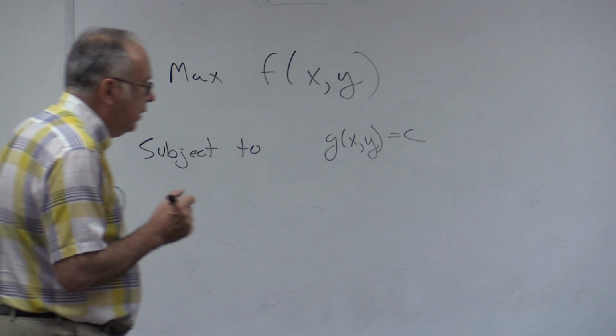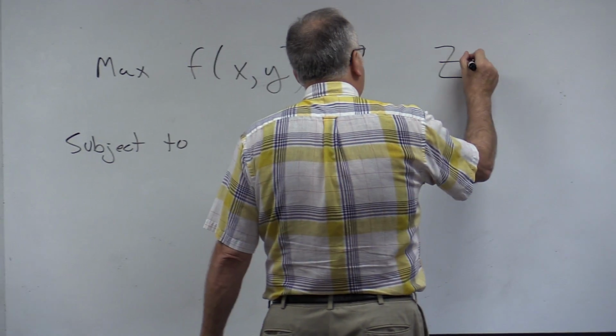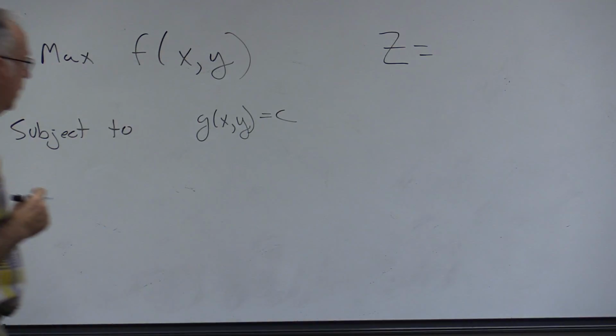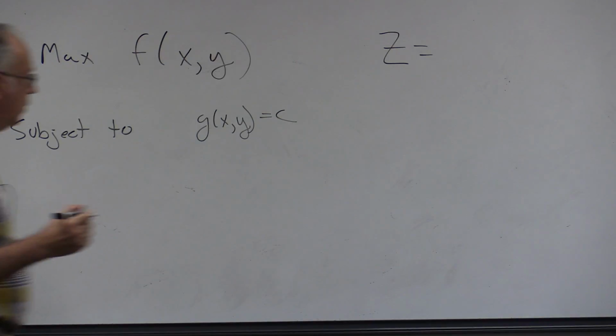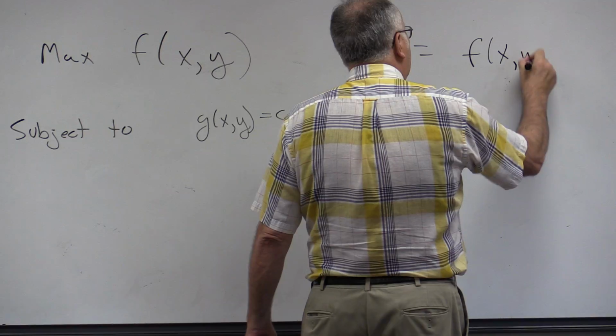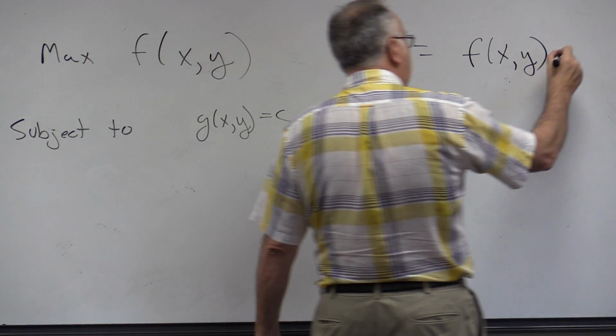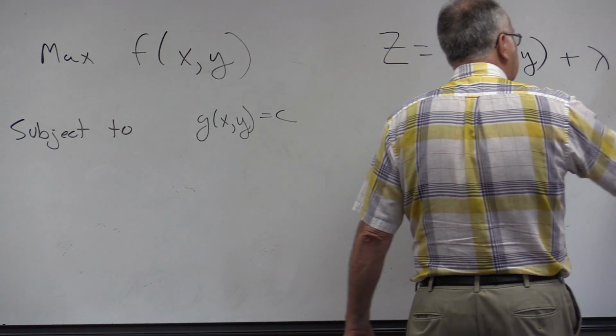Then what is our Lagrange function here? What's our Lagrange function for this maximization problem? F of x, y. Right, f of x, y. Plus lambda. Right, C minus g of x, y. Right, exactly.